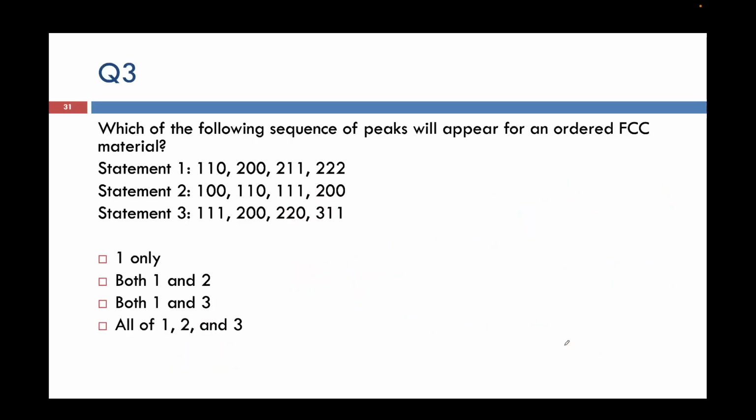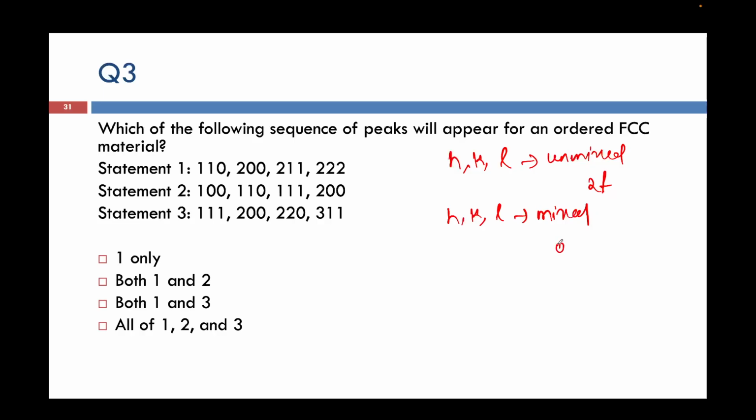Which of the following sequences of peaks will appear for an ordered FCC material? For an FCC material we have known that HKL should be unmixed, then only we will get the F of 2F, and if HKL are mixed then we will get 0 F value.